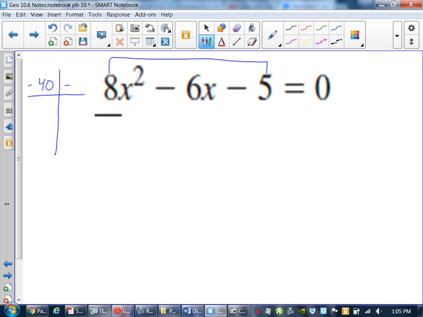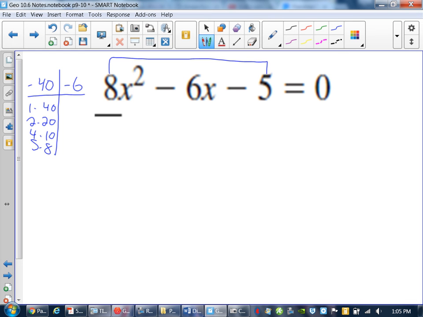And I need to add together to get negative 6. So we still start the problem the exact same way. We go through our lists. 1 and 40, 2 and 20, 4 and 10, 8 and 5. Which combination gets you to the negative 6?